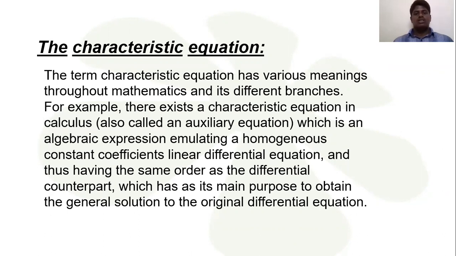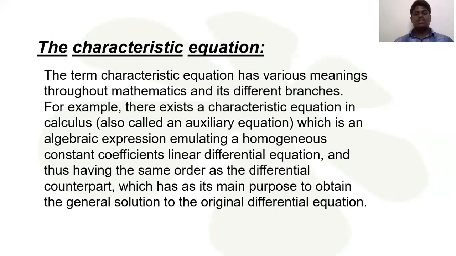For example, there exists a characteristic equation in calculus, also called an auxiliary equation, which is an algebraic expression emulating a homogeneous constant coefficients linear differential equation and thus having the same order as the differential counterpart, which has its main purpose to obtain the general solution to the original differential equation.